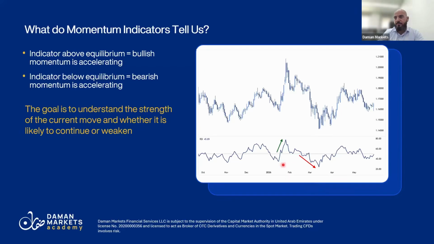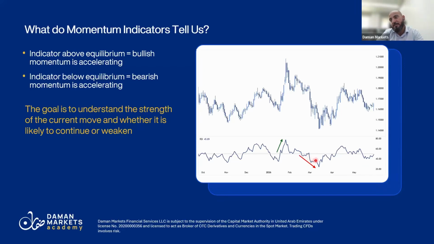Again, I'm going to repeat it quickly. As momentum oscillators go above 50, we can conclude that bullish momentum is accelerating. When it starts to go down and it is still above 50, we can say that the bullish momentum is decelerating. When we cross below 50, bearish momentum is accelerating.